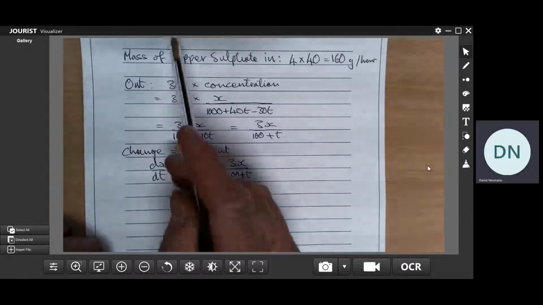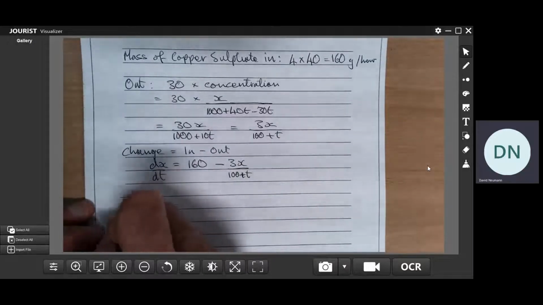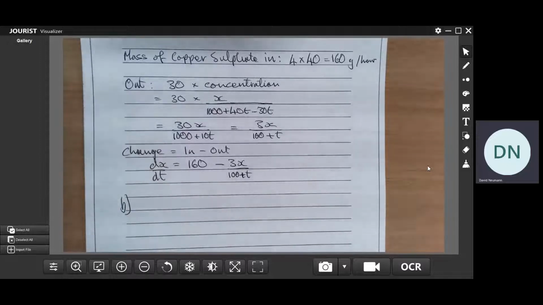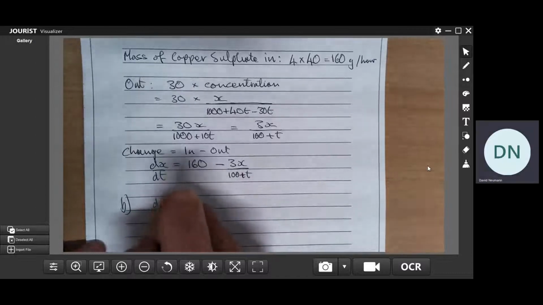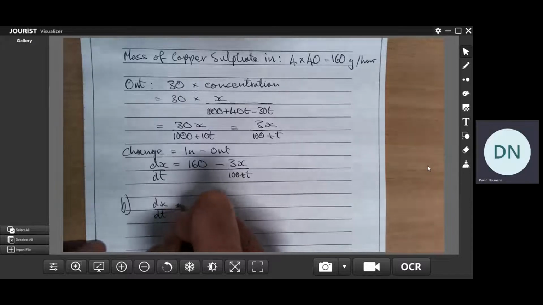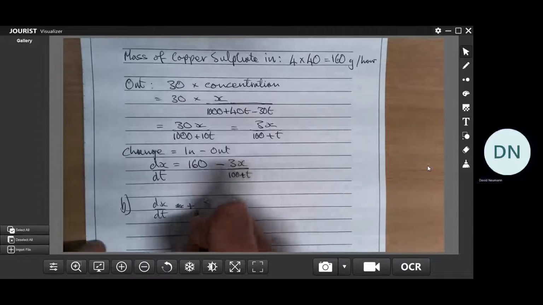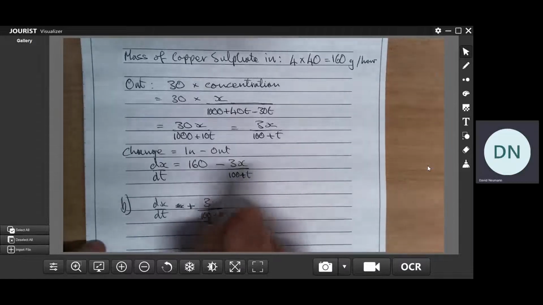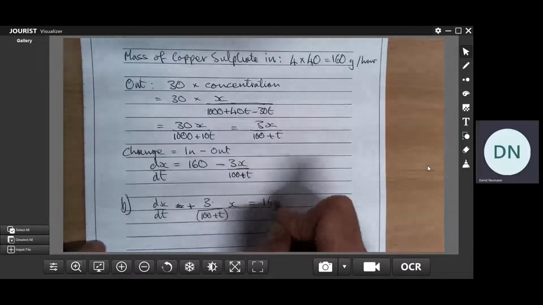Okay, so now it says, hence, find the number of grams of copper sulfate in the tank after 6 hours. So what we need to do now is solve this differential equation, and then substitute in t is equal to 6. So dx by dt plus 3 over 100 plus t times x is equal to 160.